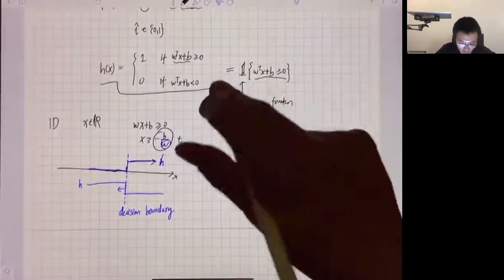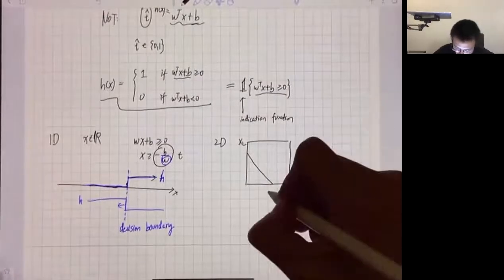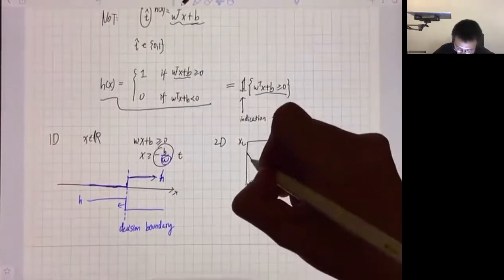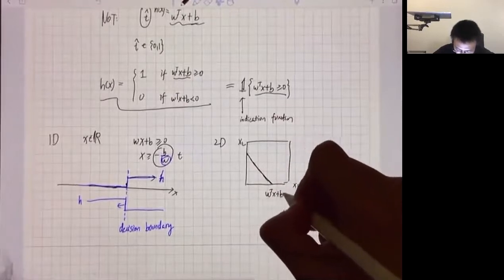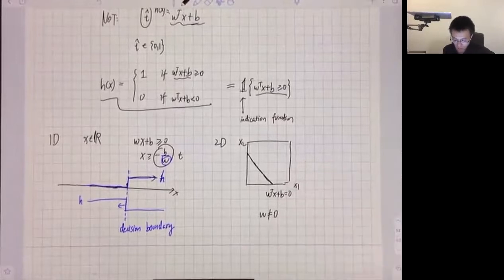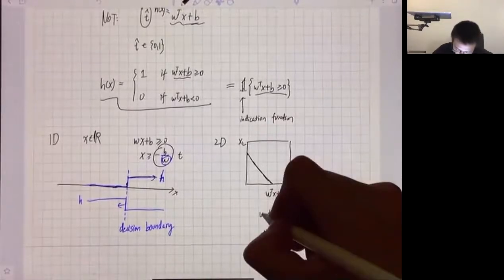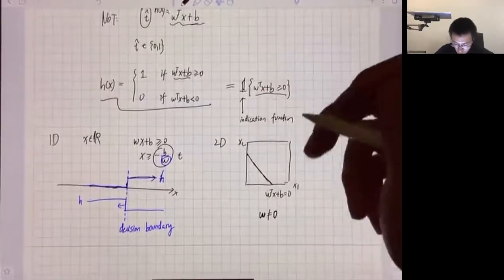For linear classification, I just mean the decision boundary is linear. So this line can be represented by W transpose X plus B equals 0, with W not a zero vector. So this is my decision boundary.